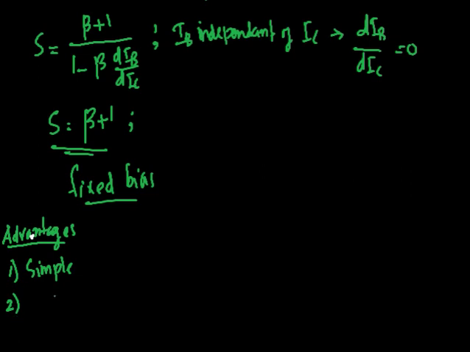Another one, the biasing conditions can easily be set, and calculations are simple, because we just have to determine the value of RB only. So the calculations are easy.